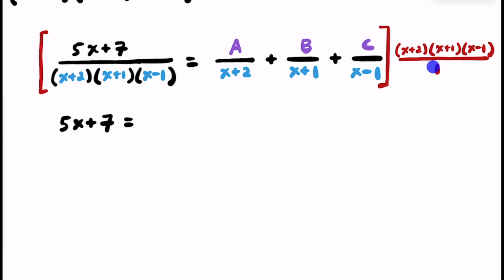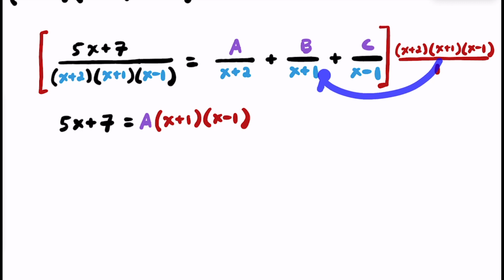Well, if we take this and multiply it by this term over here, the x plus 2's are going to cancel out, right? So we're just going to be left with A multiplied by the rest of that. So if the x plus 2's cancel out, we're still going to have this x plus 1 multiplied by x minus 1. And then if we multiply this by this term with the B, the x plus 1's are actually going to cancel out.